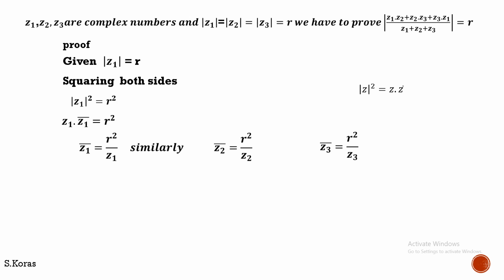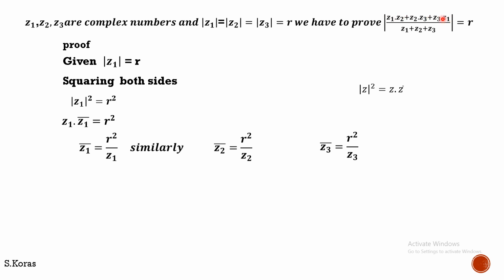Now, if you add these three, that is Z1 bar plus Z2 bar plus Z3 bar, you will be adding R square by Z1 plus R square by Z2 plus R square by Z3. If you take R square commonly outside, it will become 1 by Z1 plus 1 by Z2 plus 1 by Z3, and if you take LCM, the numerator will take this form.